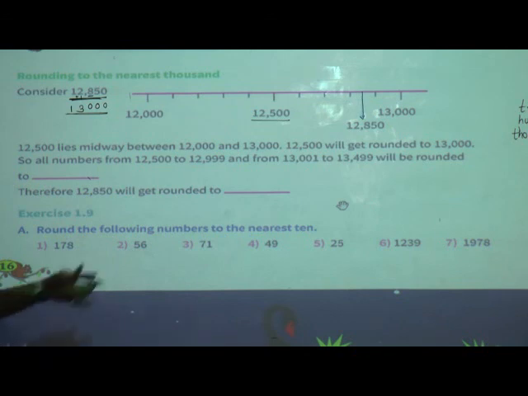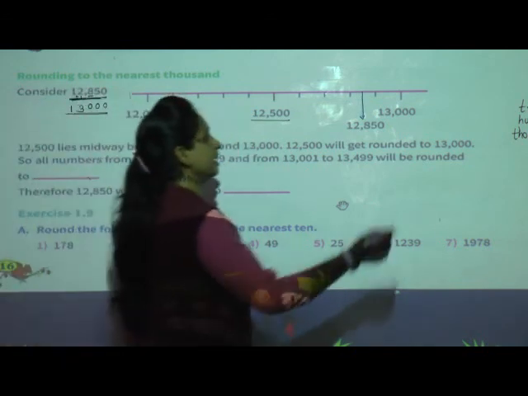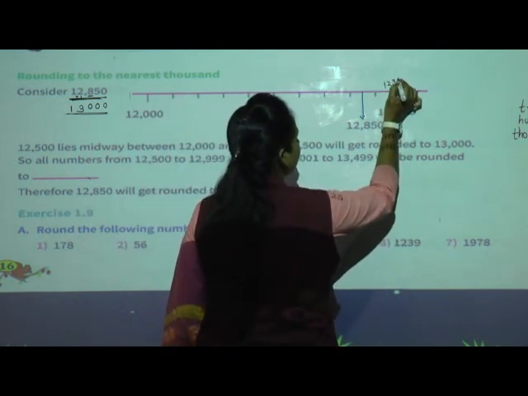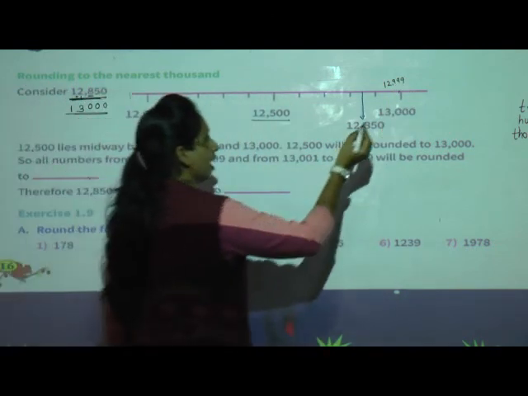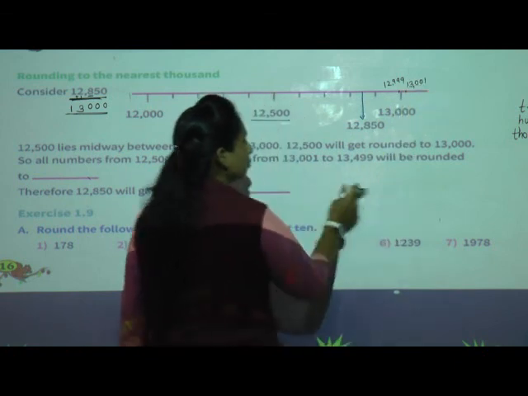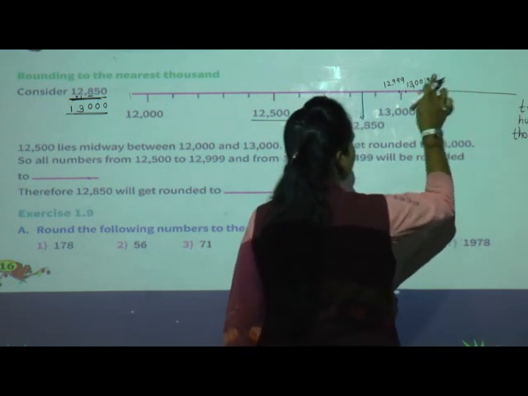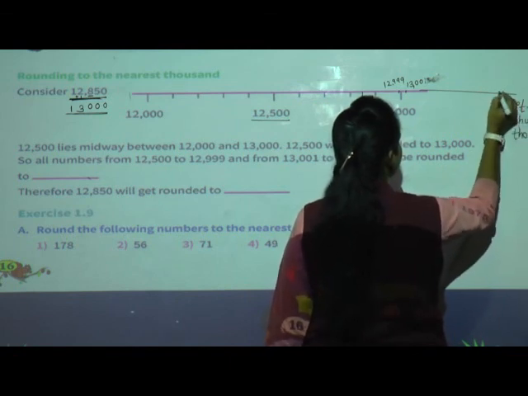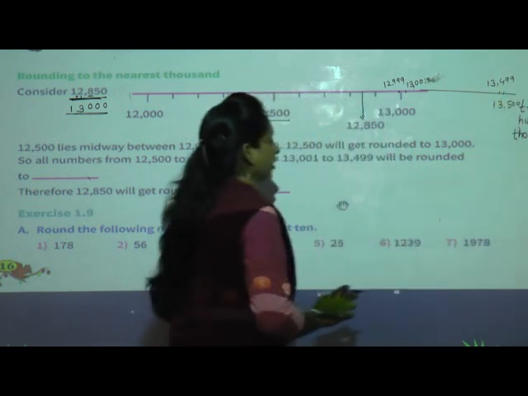The numbers from 12,500 to 12,999, means till here 12,999, and from here again will start 13,001. If we go in the same way, before 13,500, here it will come 13,499.